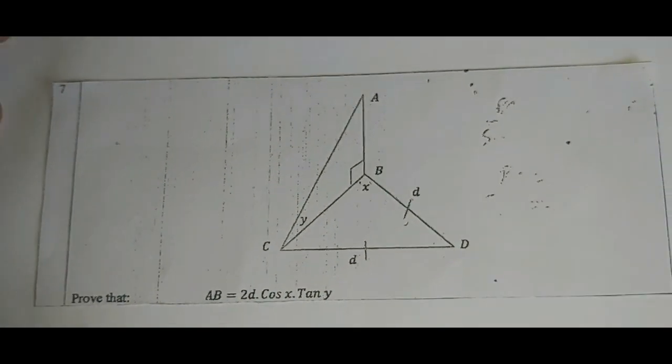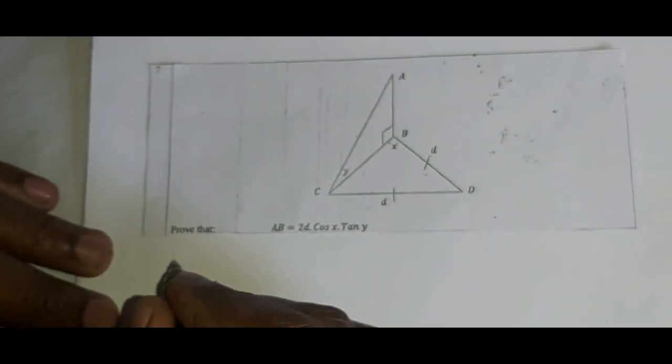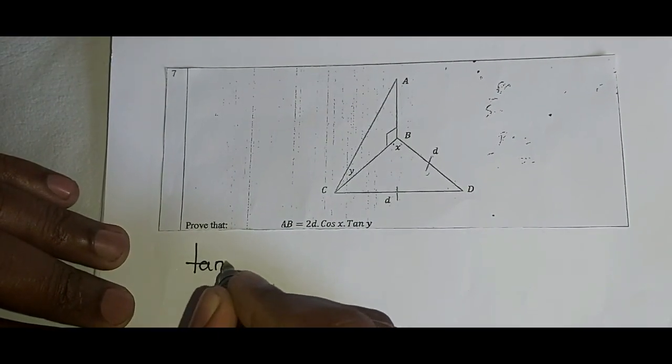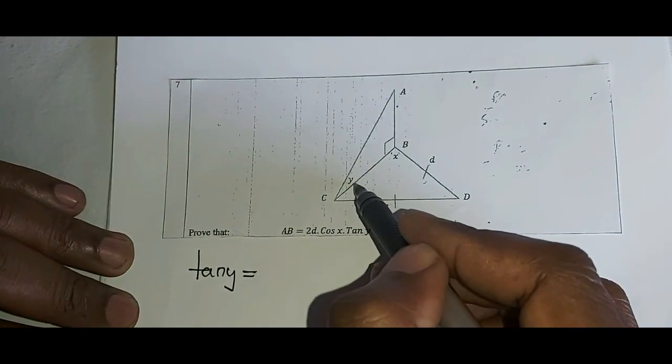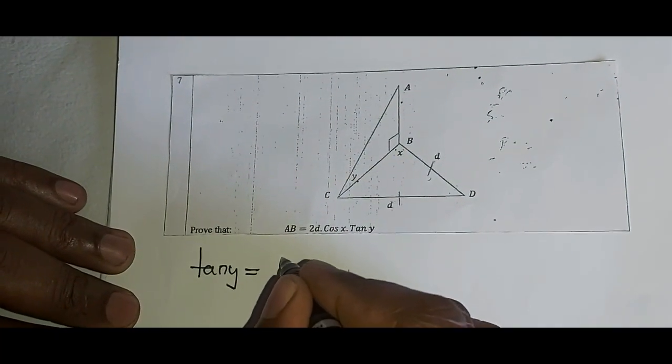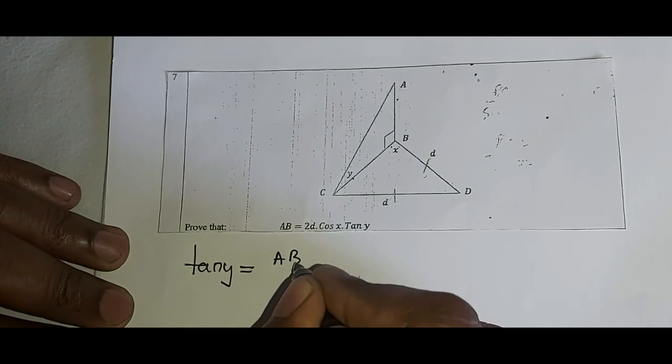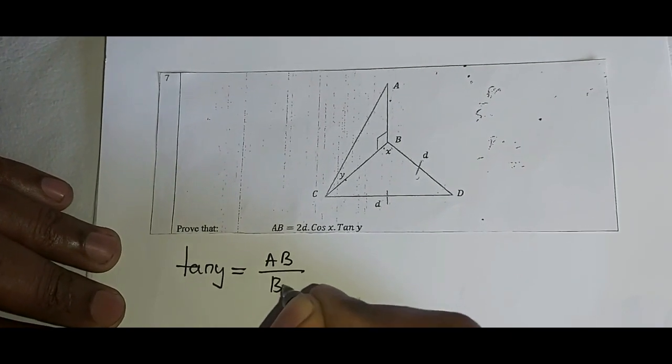That is to say, in this case, tan of our angle y is equal to opposite over adjacent, that is to say AB over BC.